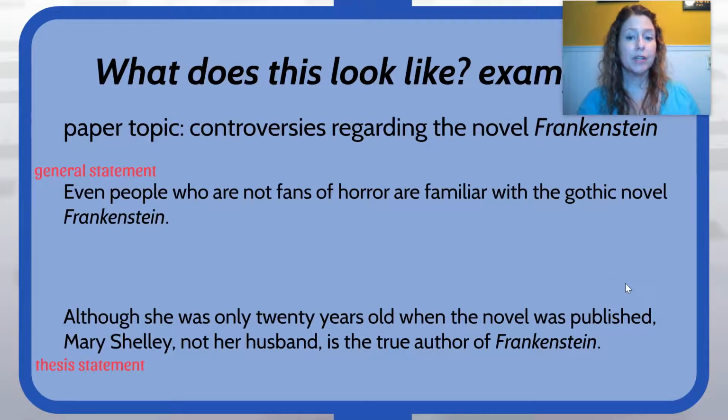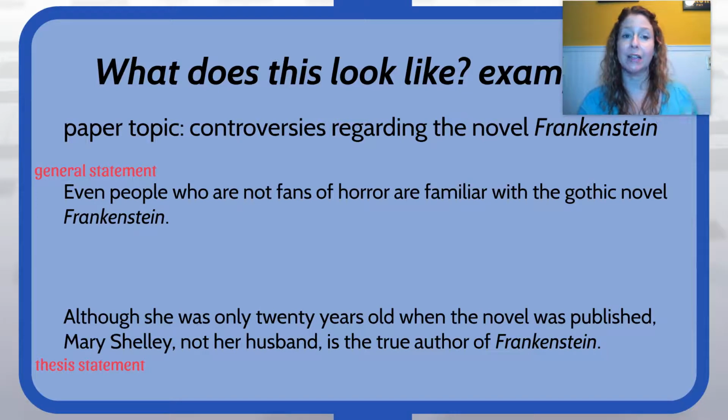Although she was only 20 years old when the novel was published, Mary Shelley, not her husband, is the true author of Frankenstein. This is what our paper is going to prove. It's debatable because it is something that some theorists believe, that she was not the true author. It's something that's a controversy.